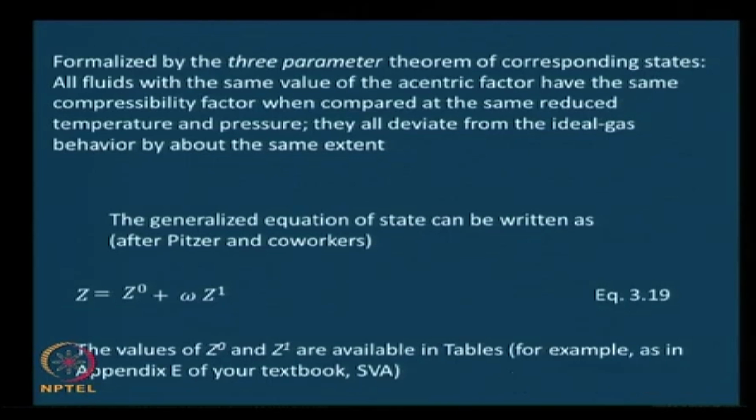Now that you have familiarized yourself with the listing of Z0 and Z1 values, and the acentric values are also available in a table in the appendix, let us look at things a little further.